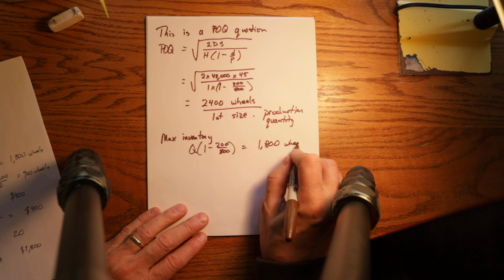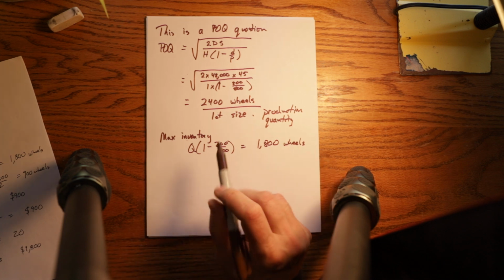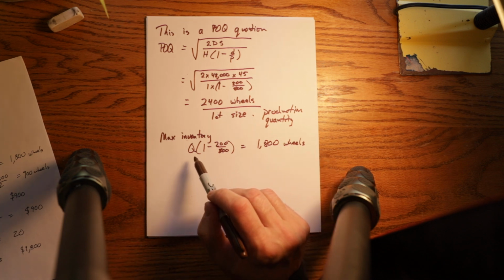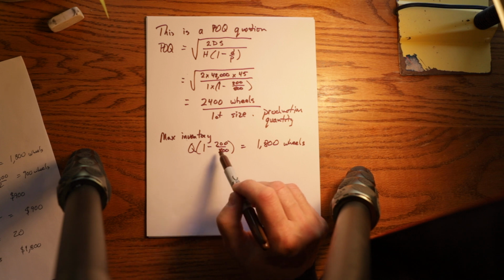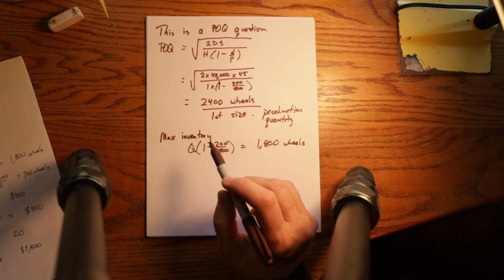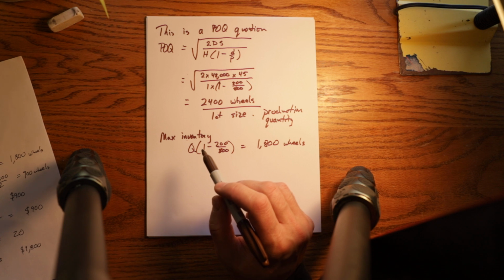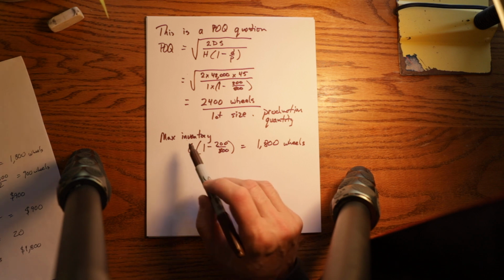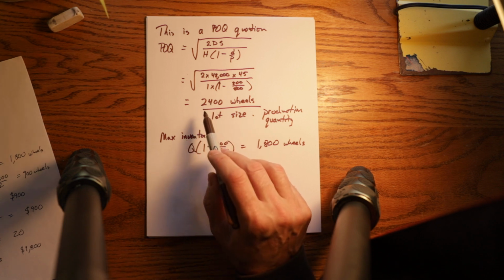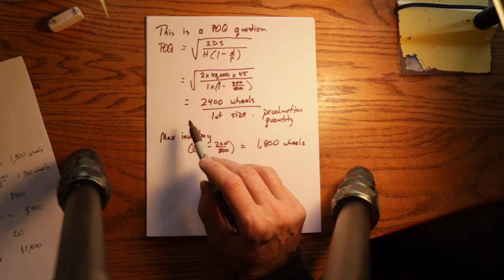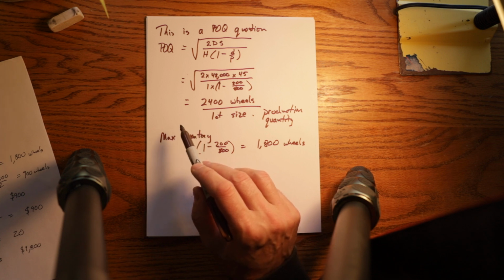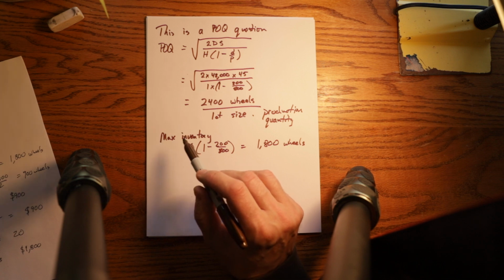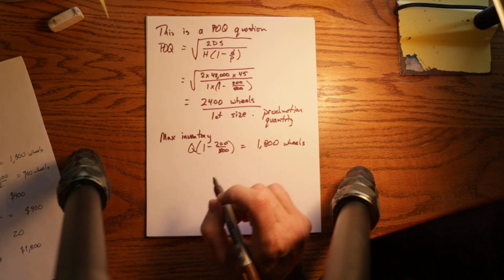And if you remember in the EOQ model, the maximum inventory was equal to Q, but in this case, you're producing and using wheels at the same time, so that you never get up to the 2,400 wheels, because as you start producing them, when you get to 0, you start producing them at a rate faster than you're using them, but you are using them up, and so you only ever get up to 1,800 wheels in this case.